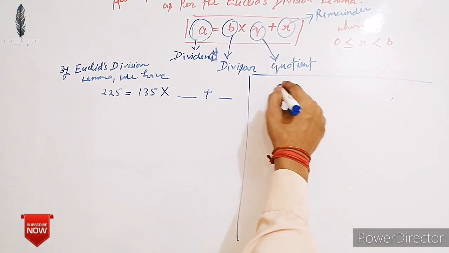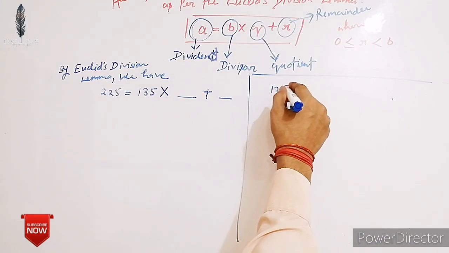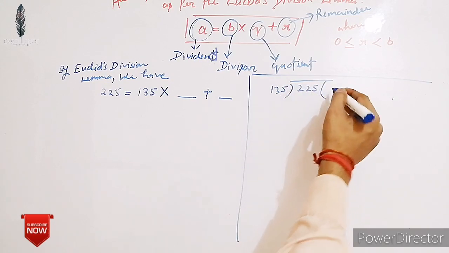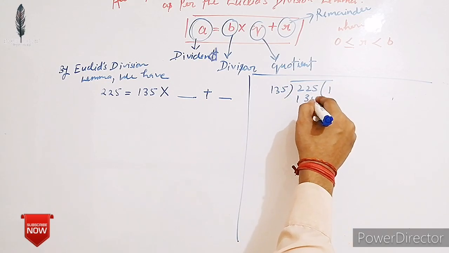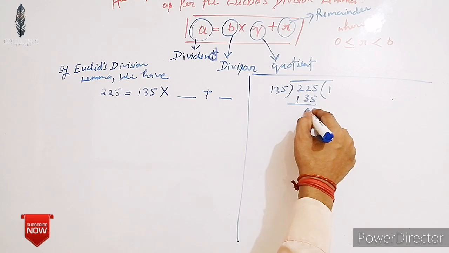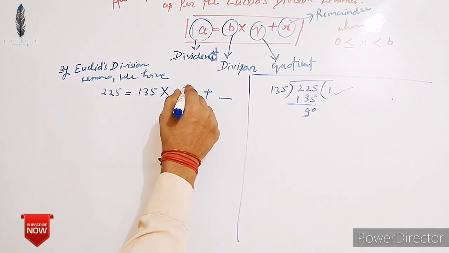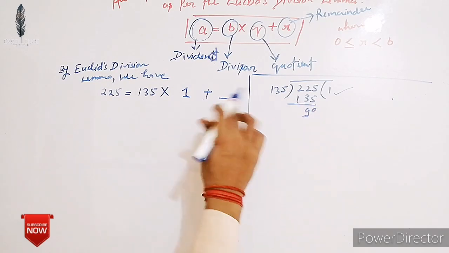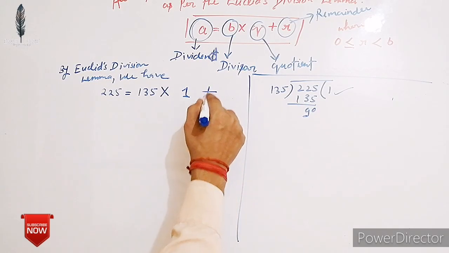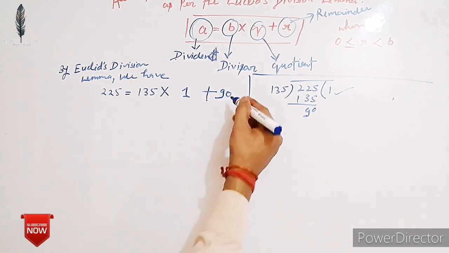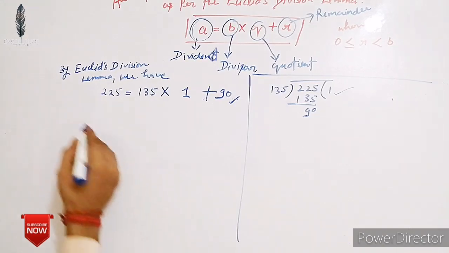To find the quotient and remainder, we have to use the division method. So here 1, here 135, here we got 90. 1 is quotient and 90 is remainder. Okay, clear till here?